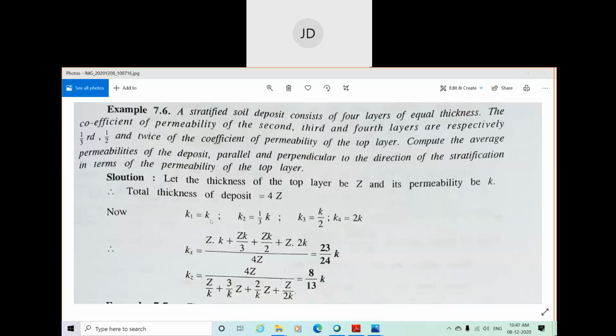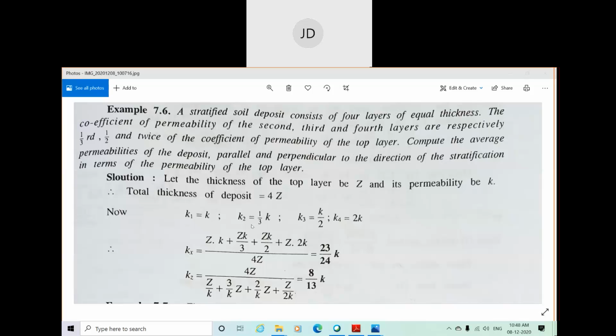Since for the first layer we have taken K1, for the second layer K2, like that. In this problem, for the first layer, the coefficient of permeability is K, so K1 will be equal to K, which we have already assumed. Next, K2, the coefficient of permeability for the second layer, is given as 1/3 of the coefficient of permeability of the top layer.